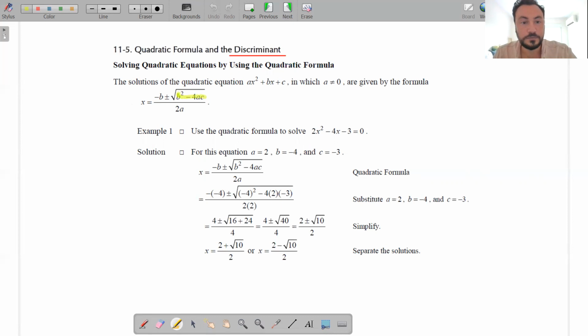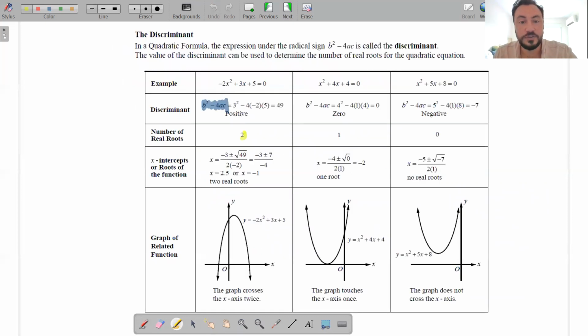If the result inside there is positive, then you know you're going to have 2 x-intercepts. If the result inside that square root is 0, you're going to have 1 x-intercept. If it is negative, when you have the square root of a negative number, you have no real solution, so it's going to be 0. And those are the cases.